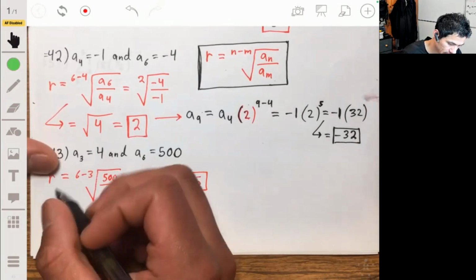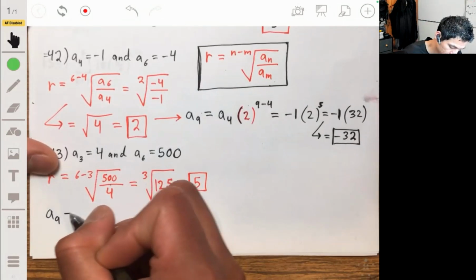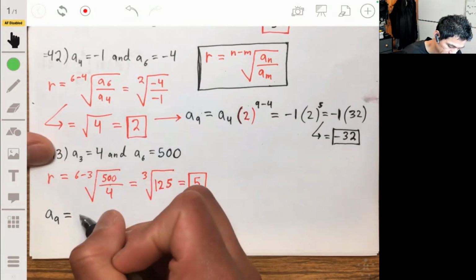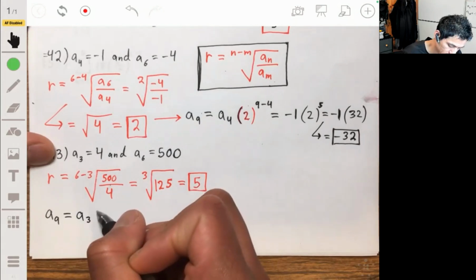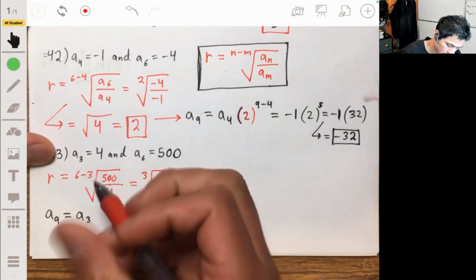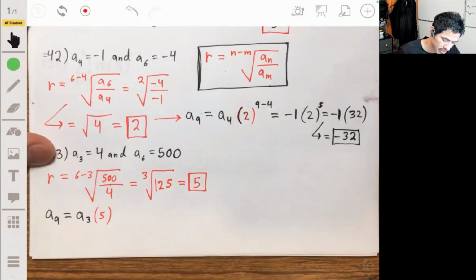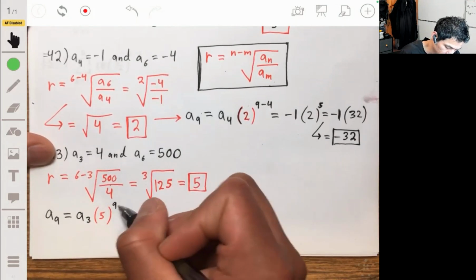And then we can now find a9. Let's just pick a3 times r, which is 5, to the 9 minus 3 power.